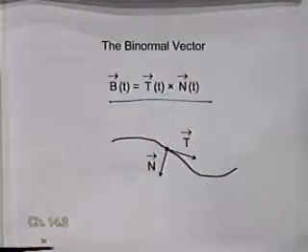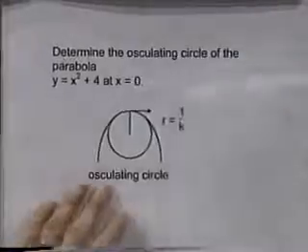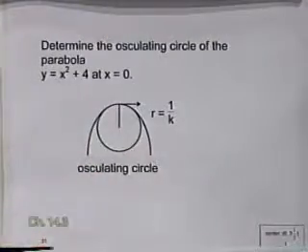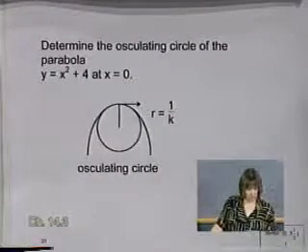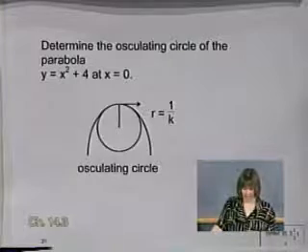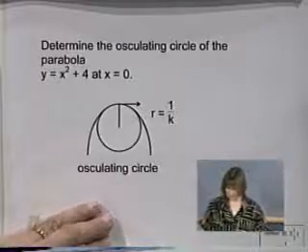Okay? All right, one more thing. Determine the oscillating circle of the parabola y equals x squared plus 4 at x equals 0.